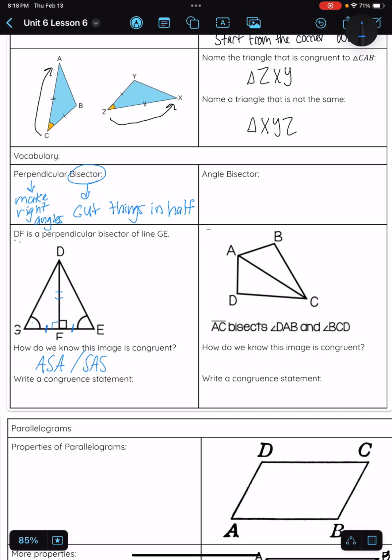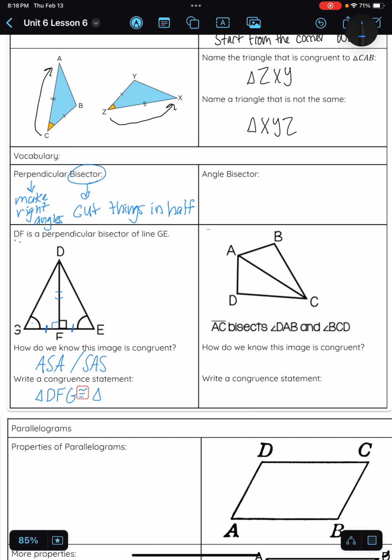Now let's write a congruence statement, to show how the triangles are congruent. I'm going to say triangle DFG is congruent to... We started from D, we went to F, we went to G. For the second one, we have to start in the same spot.